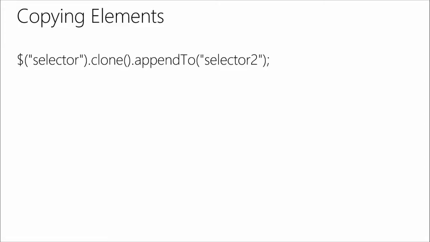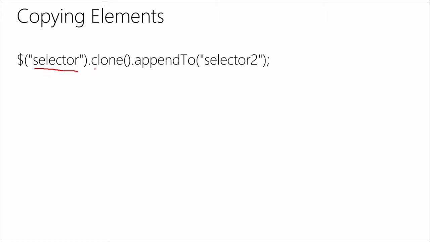If we want to go on a little bit more, things that we would need to do with DOM manipulation would be, say, copying elements as well. So we would modify elements, we would append and prepend or insert and before and after, but we also want to copy elements as well. So we could do that. Again, everything starts with the selector.